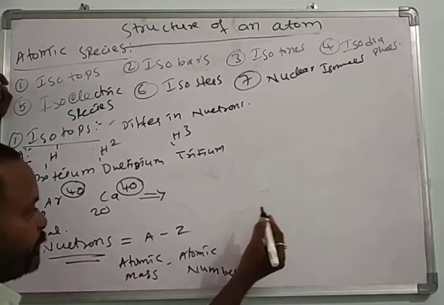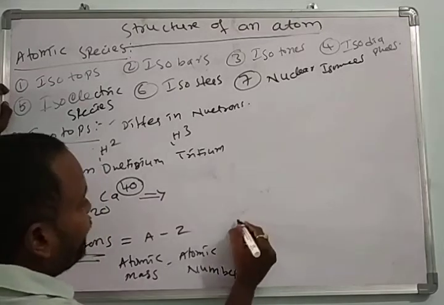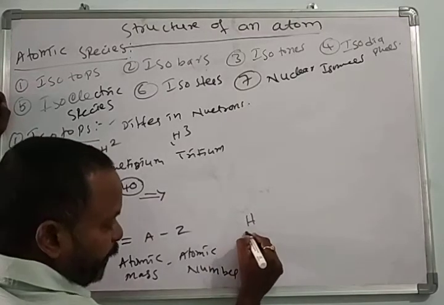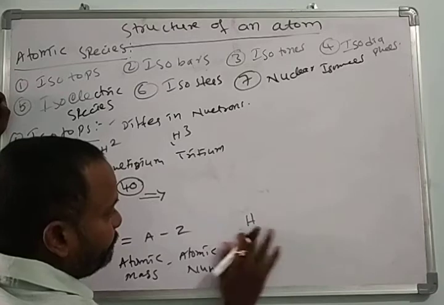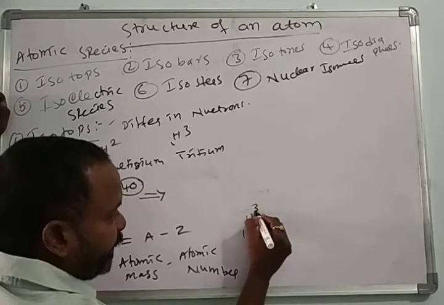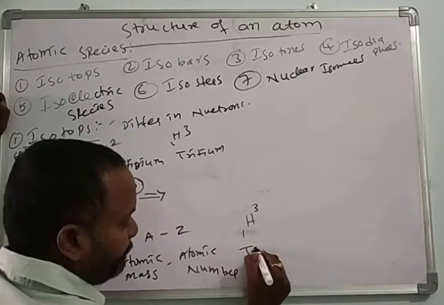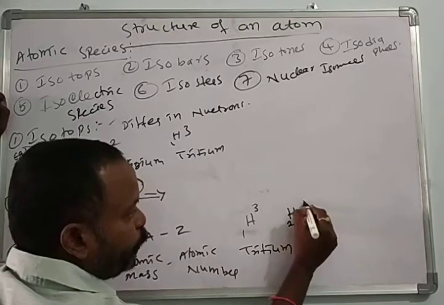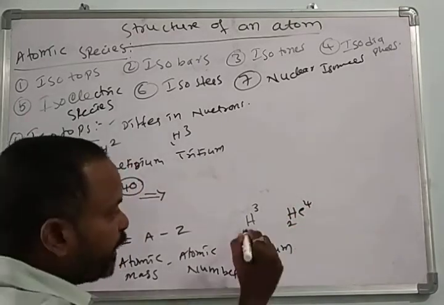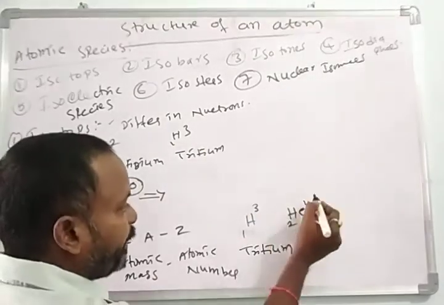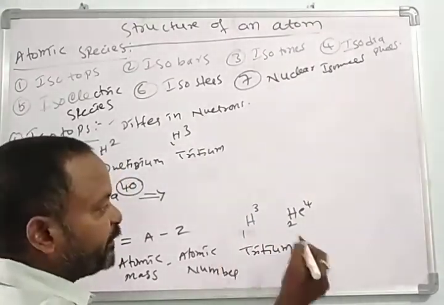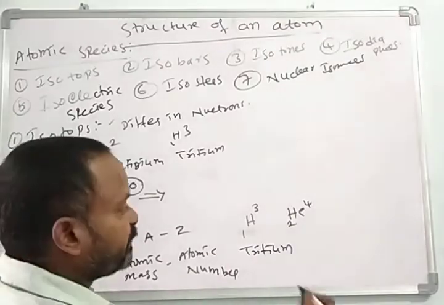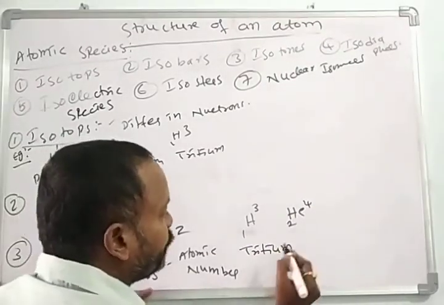For example, hydrogen 1 3, that means tritium, and helium 2 4. Both differ in atomic number and atomic mass, but have the same neutrons.